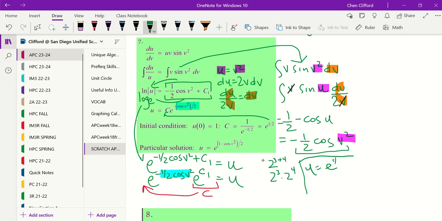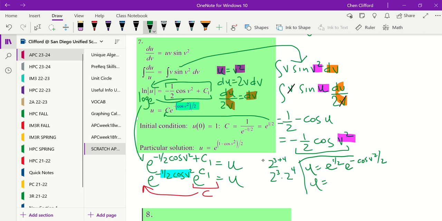When you plug back in c, you get this and e to the power of negative cosine v squared over 2. Now, we're basically at this step right here. We want to get to this step over here, so we're going to combine it.